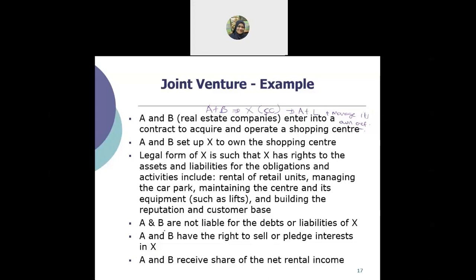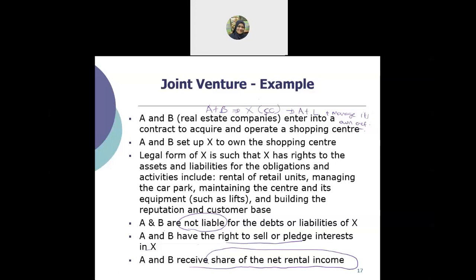A and B are not liable for the debts or liabilities of X. A and B also have a right to sell or pledge their interest in X. A and B only receive shares of net rental income, meaning they only have a share in the income. So in this case, the joint venture, the new company, is going to have its own assets and liabilities and manage its own activities.